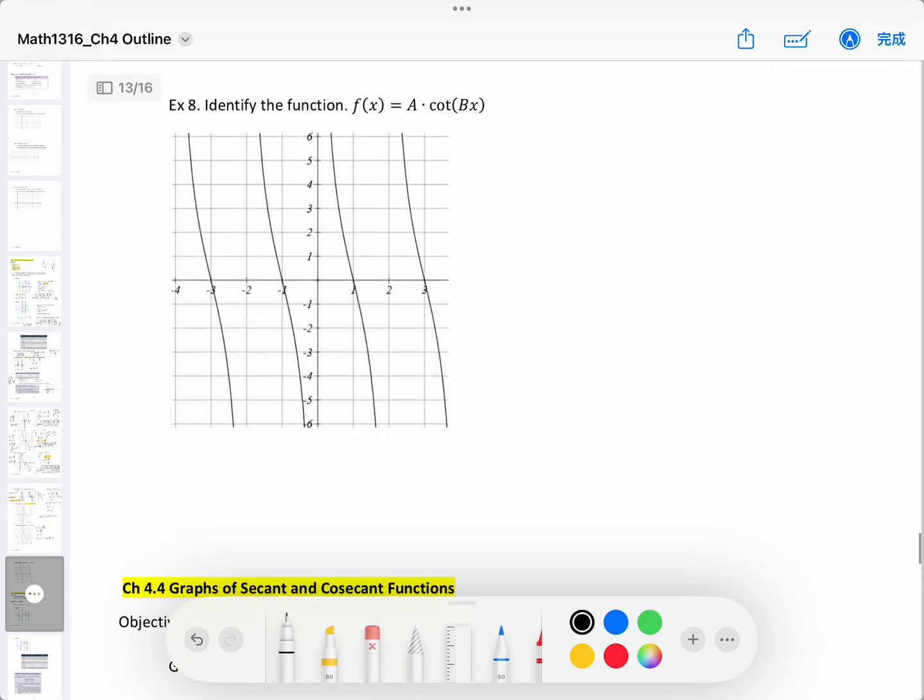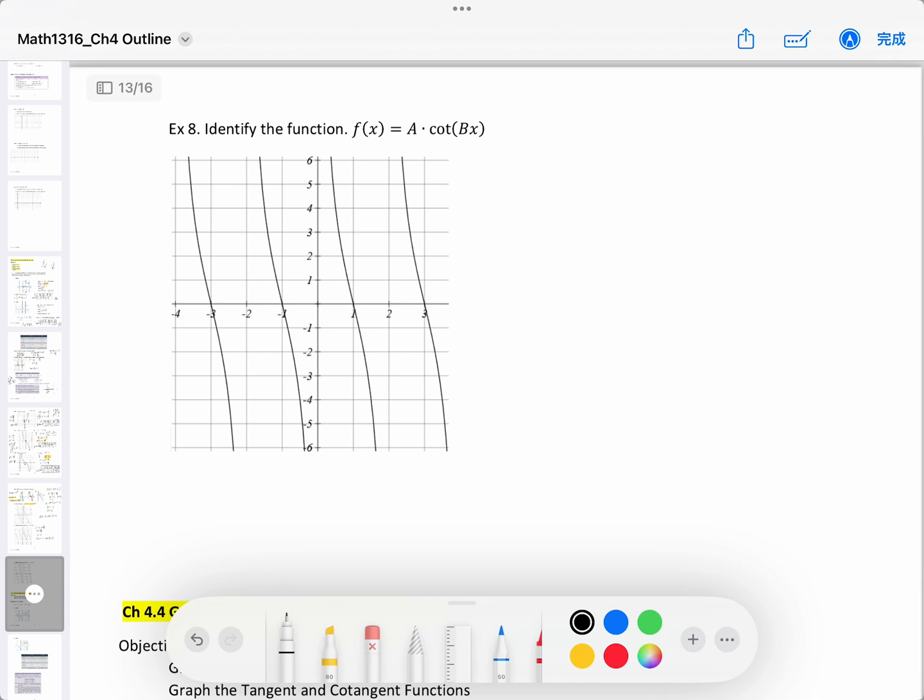Let's see the next example. Identify the function f of x is equal to a times cotangent bx. With the same method, we can find the two vertical asymptotes first.